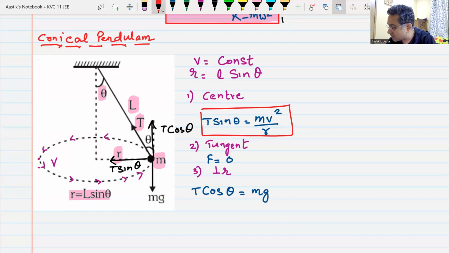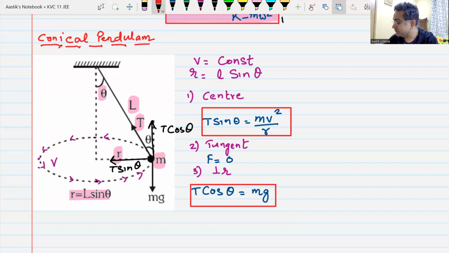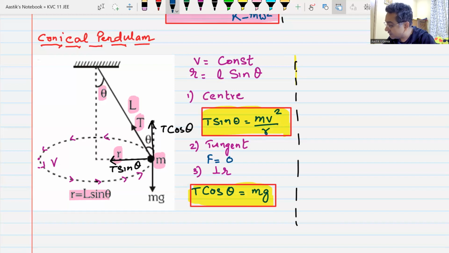By combining all these equations together, I can get relations between all of the quantities. I hope you can get those relations. So now if I divide the two equations, I will get the third relation: tan theta is equal to v square by rg.